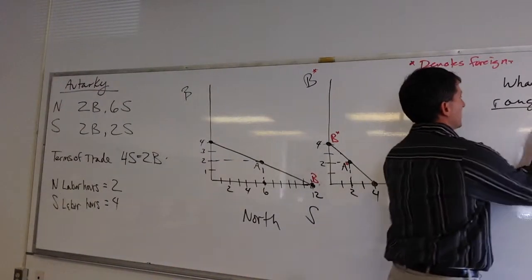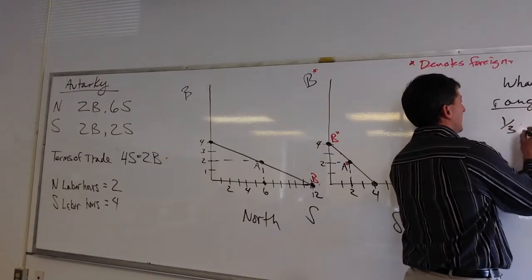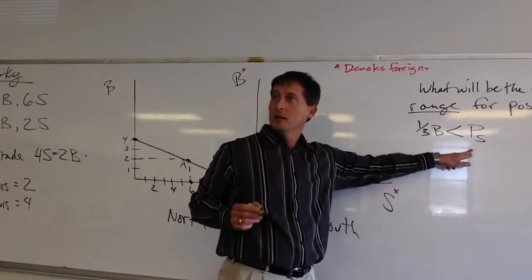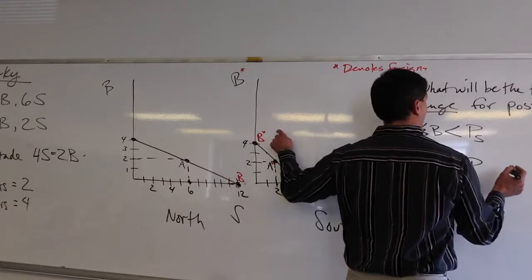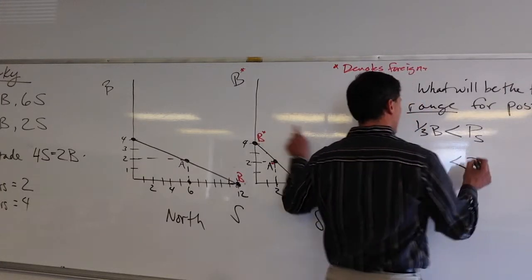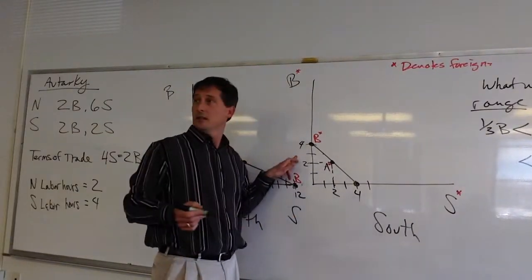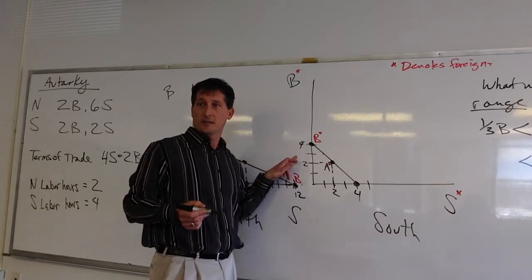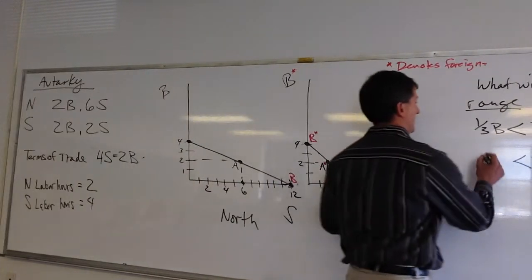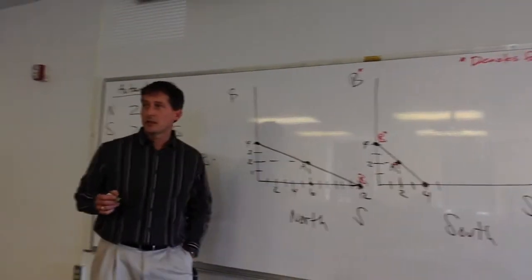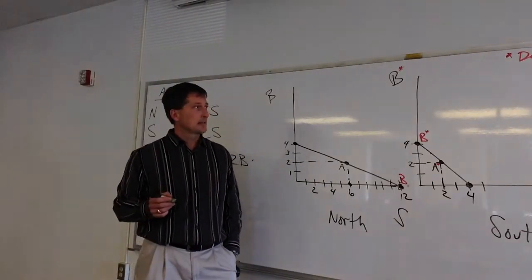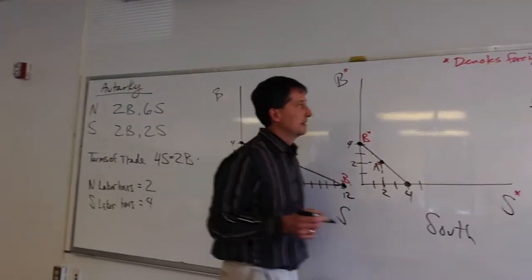The price of a shirt needs to be greater than a third of a bread. And we know that the price of bread needs to be at least 1 shirt. Okay.